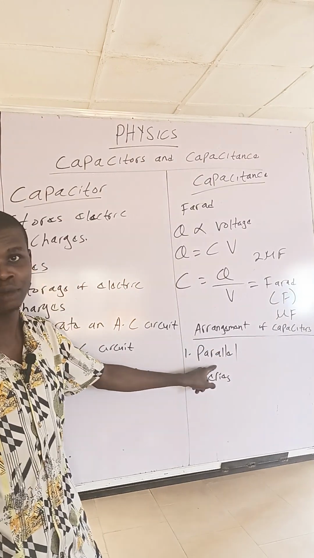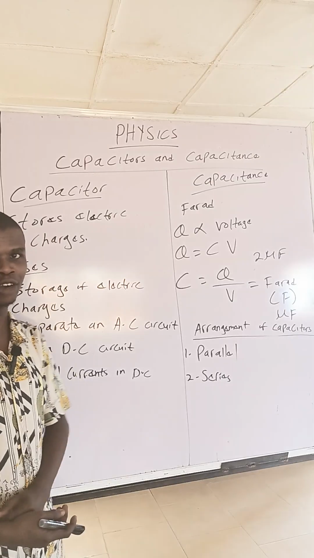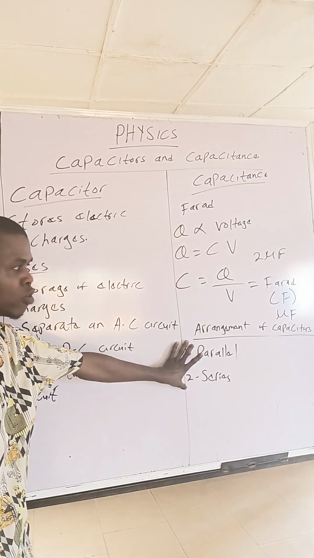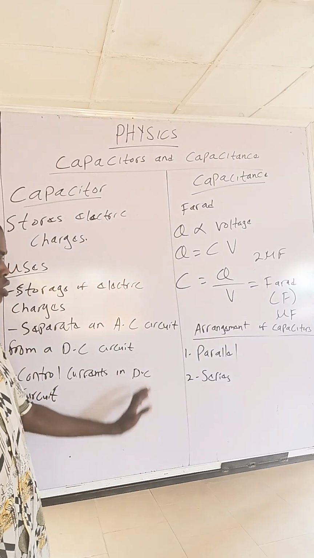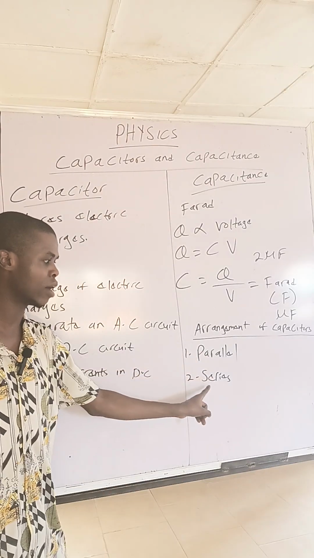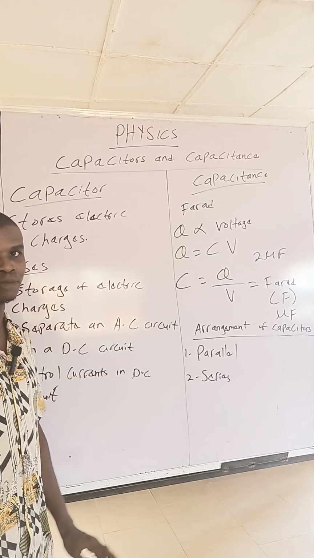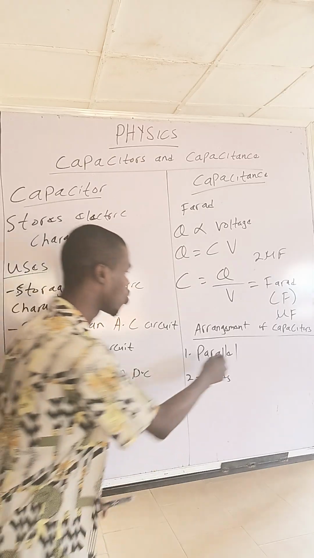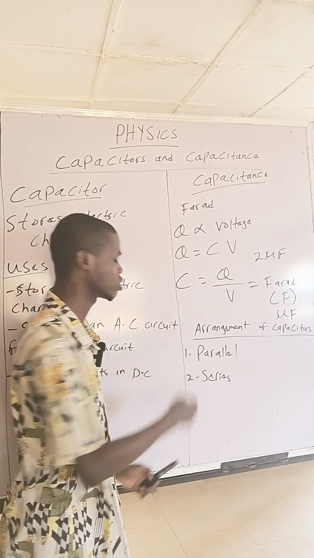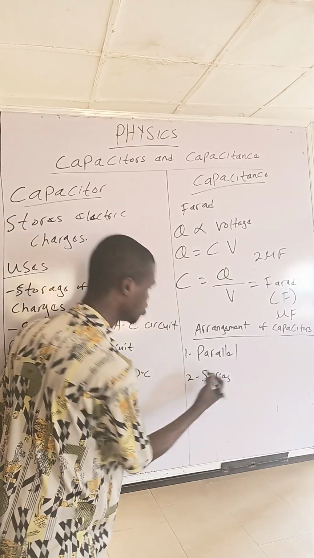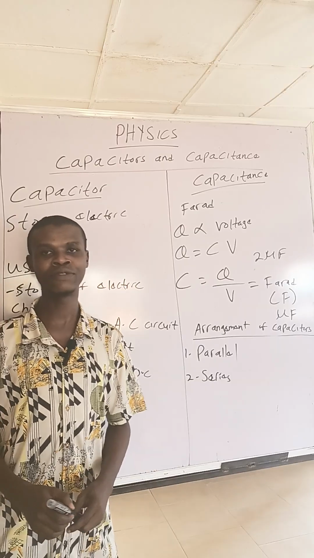We have the parallel arrangement and the series arrangement. These are the two major arrangements of capacitors we have in our electric circuit. Now we have to understand when capacitors are said to be arranged in parallel and when they are said to be arranged in series. This is very essential and very necessary.